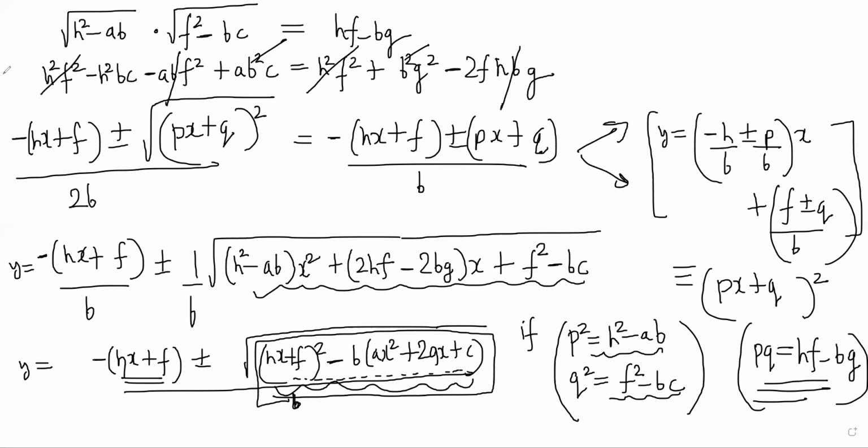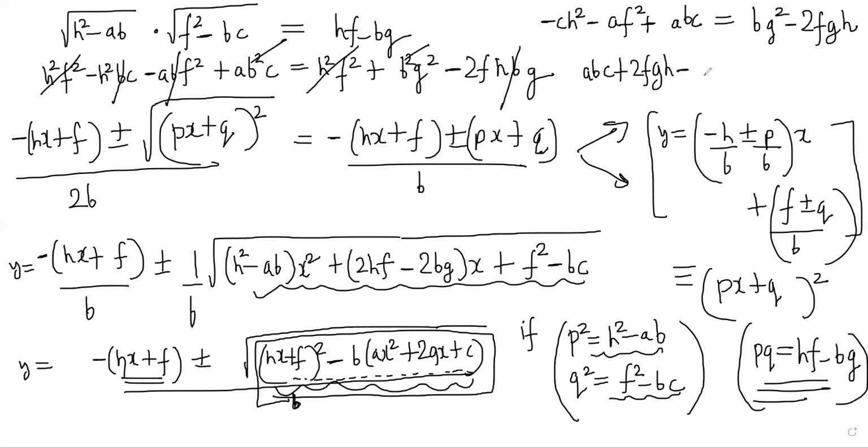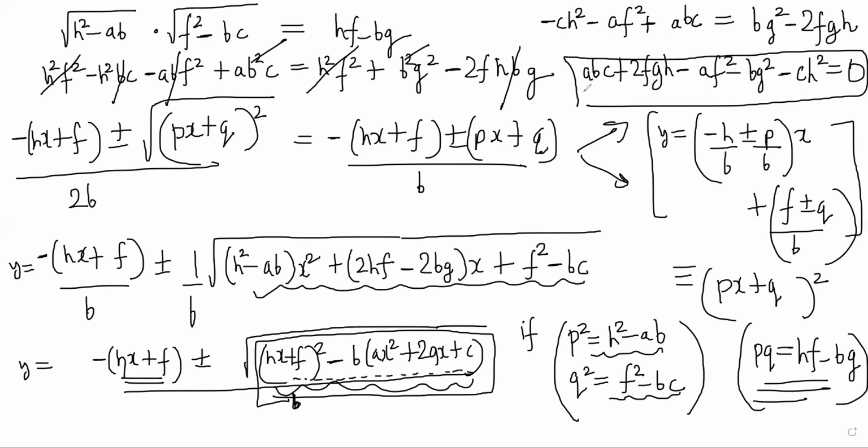What you are left with is this condition: minus ch square minus af square plus abc is equal to bg square minus 2fgh, right? So the condition that we want is abc plus 2fgh minus af square minus bg square minus ch square is equal to 0. This is how the condition is written in the normal way.